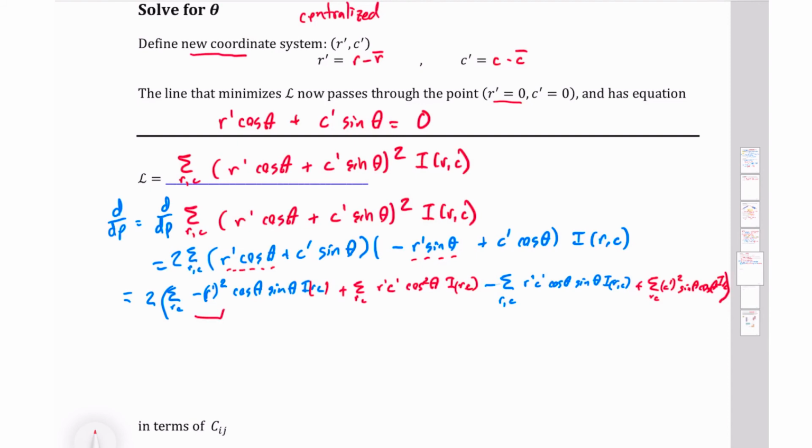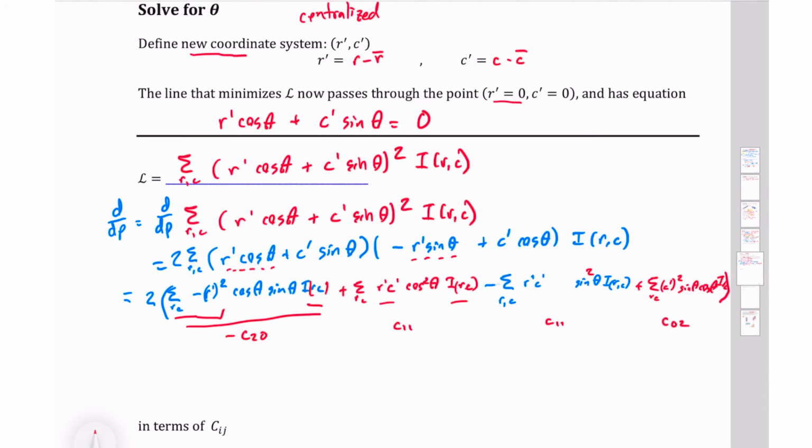So this term here, that is my C20. This term right here, that is going to be my C11 term. This term right over here is going to be another C11 term. And this term over here is going to be a C02 term.